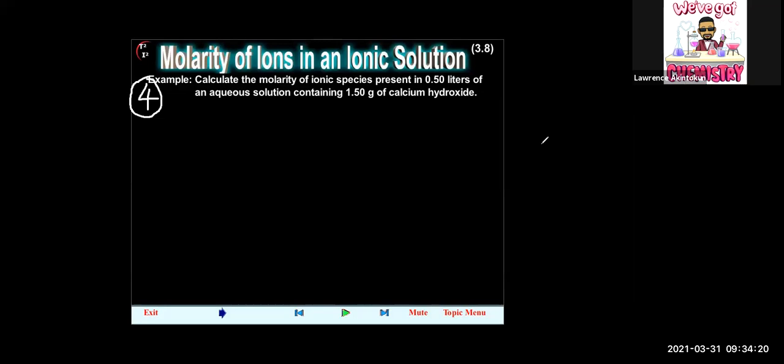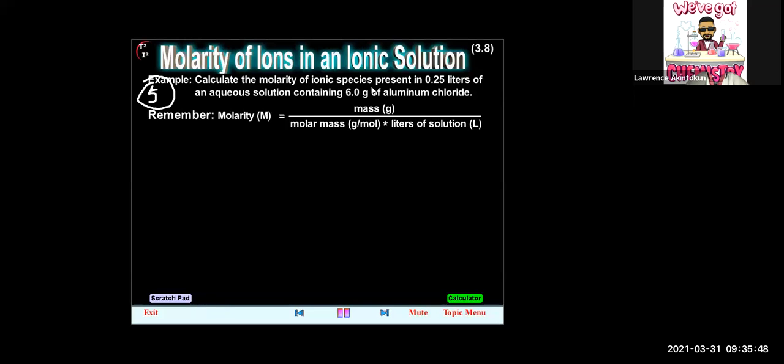That's question number 4. The molarity of ionic species present in 0.25 liters of an aqueous solution. This is question number 5. Molarity, M, is equal to mass.